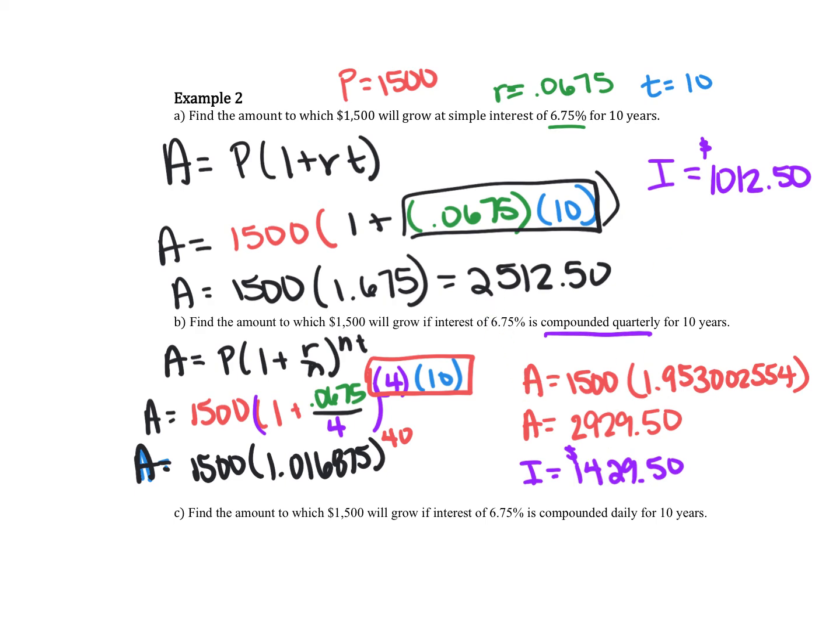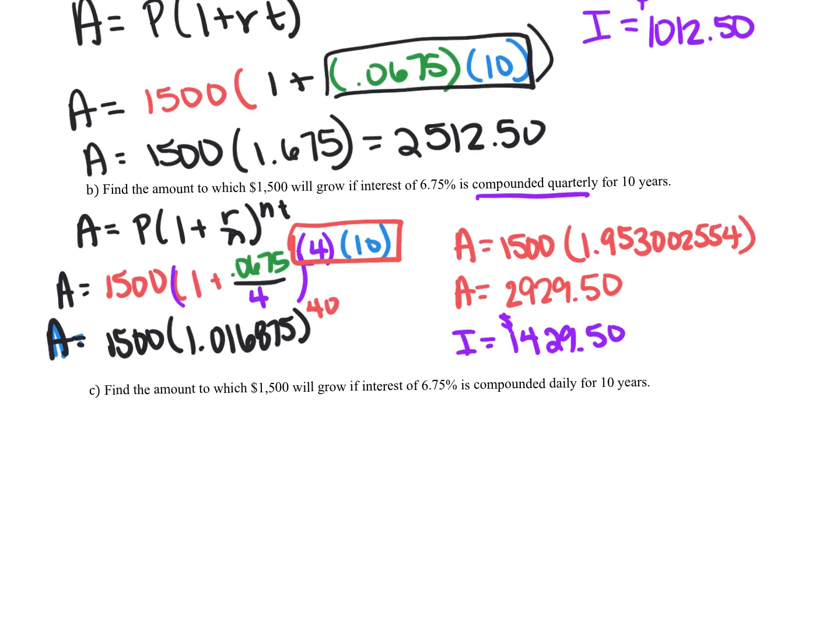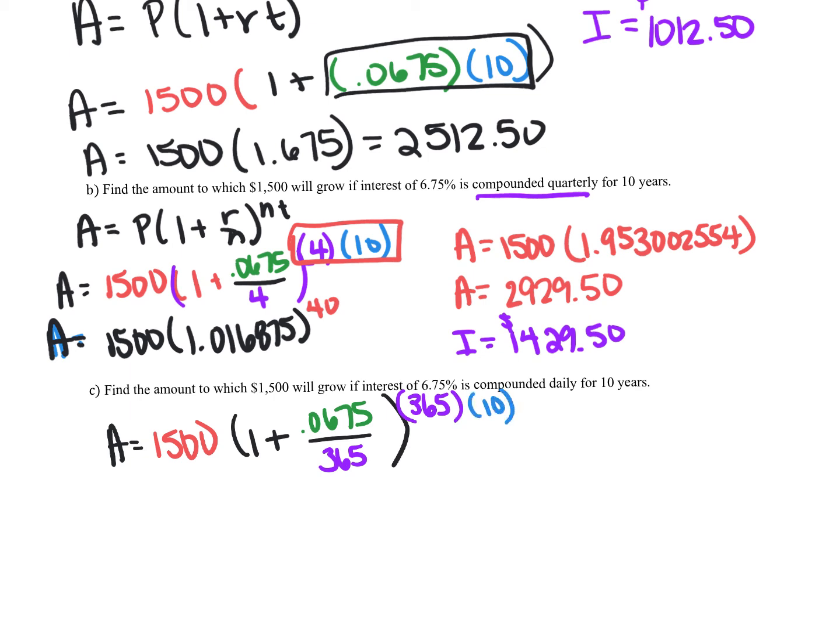And then the last one says, let's compound it even further. Let's compound daily, every day. Again, we know our formula is A = P(1 + R/N)^(NT). So A is equal to 1,500 times (1 + 0.0675 divided by my N, which this time, compounding daily, is 365), raised to the N, 365, times the T, which is 10.